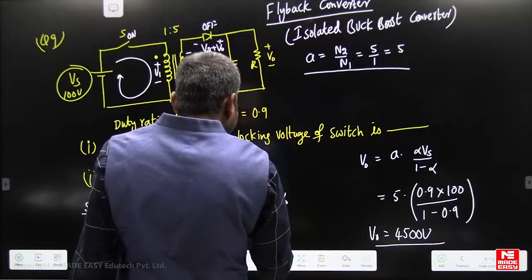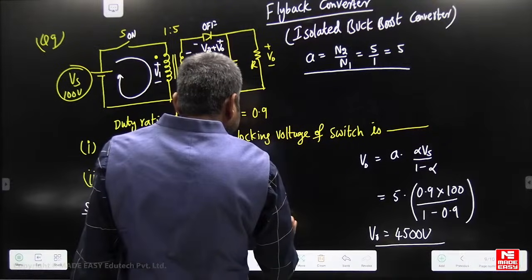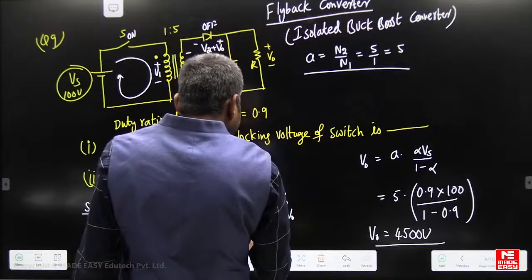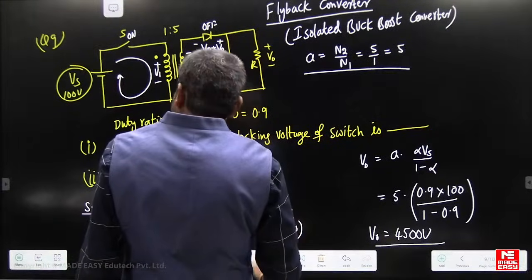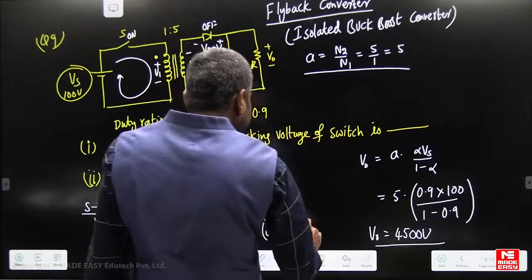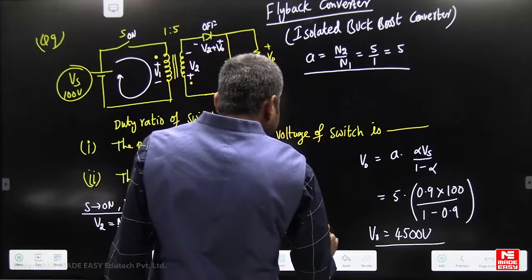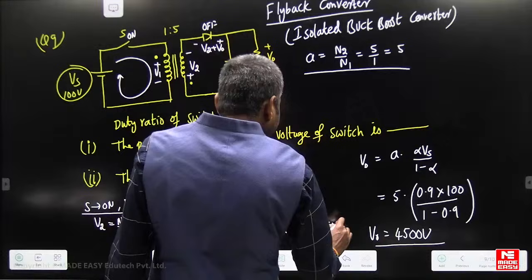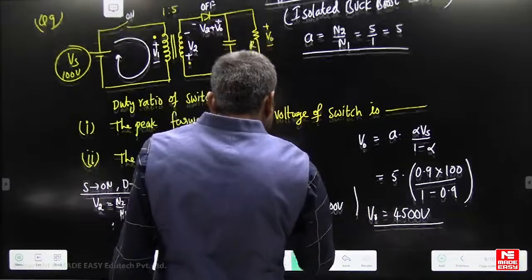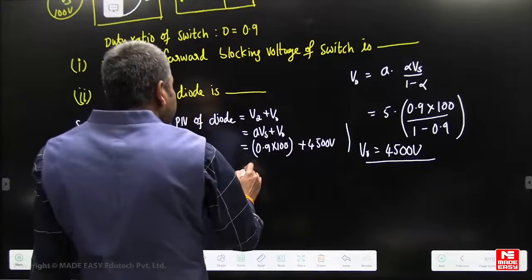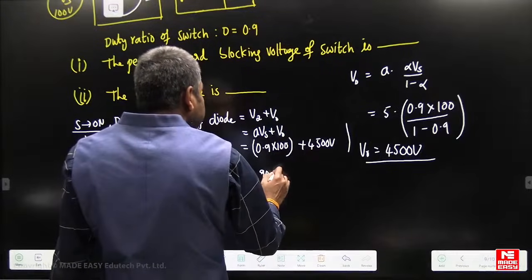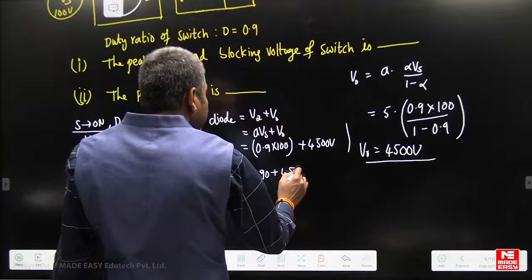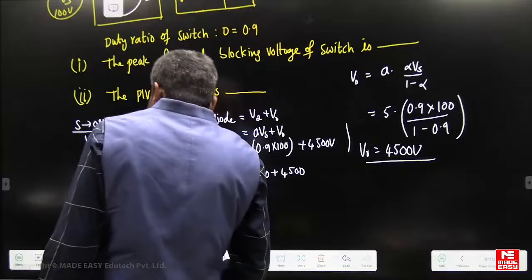V2 in the first mode is a times Vs plus V0. a times Vs is 0.9 into 100, so 90, plus 4500 volts. So calculate this value.